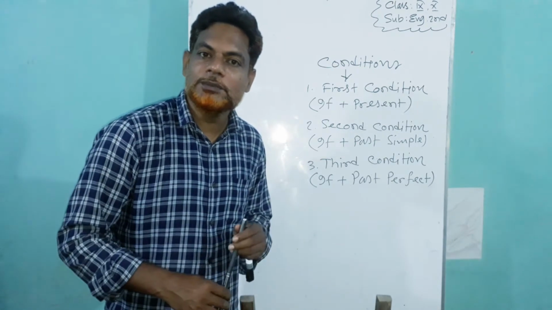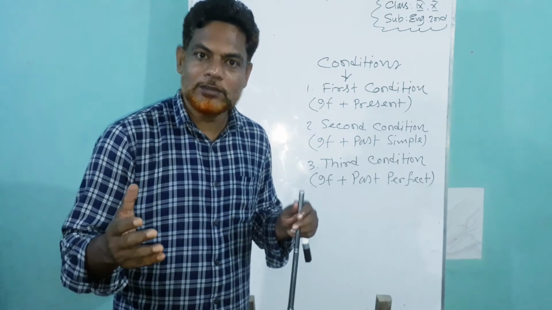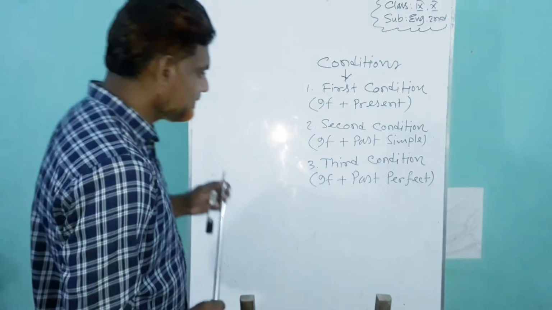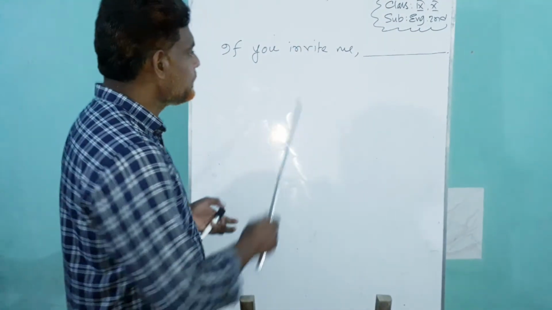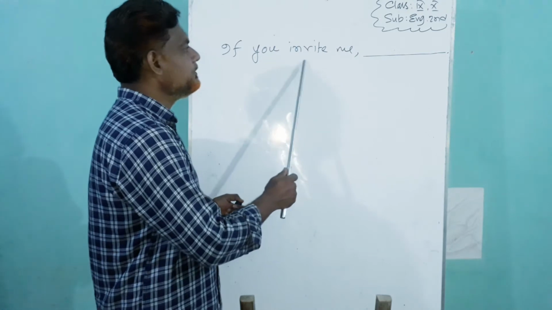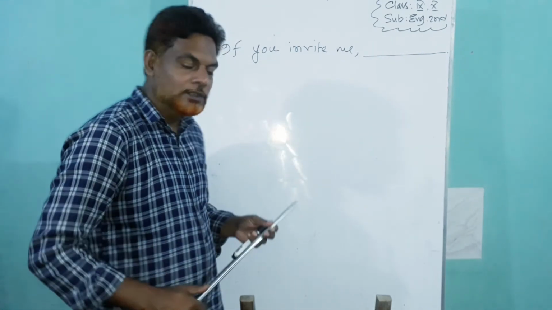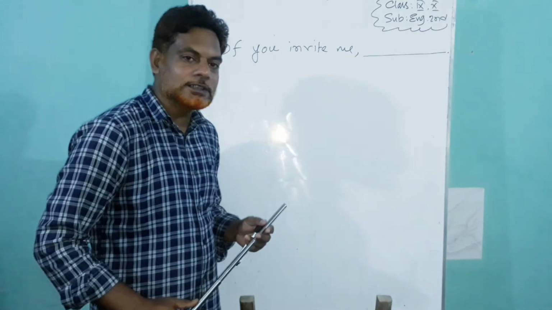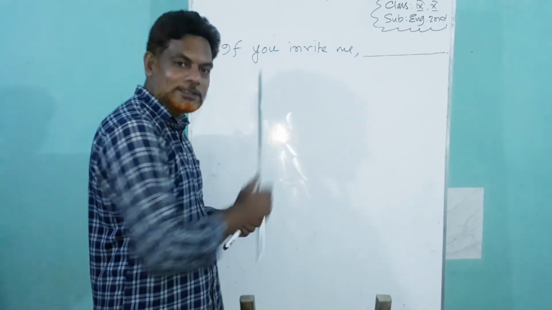Now I will show you a structure and we will try to complete an incomplete sentence. Dear students, suppose we have to complete this sentence: If you invite me. To complete this sentence, you have to identify first which condition it is.